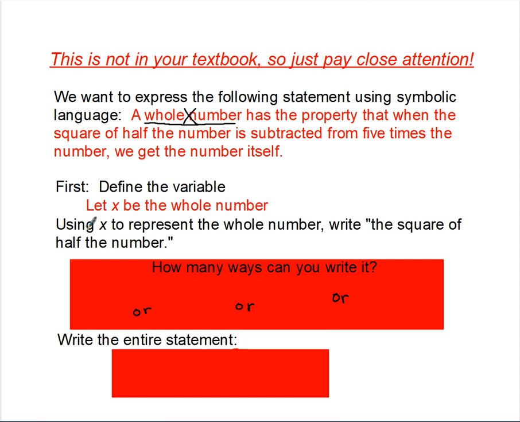So it says, using x to represent the whole number, write the square of half the number. I want you to try to write at least one, if not more than one, different way to write the square of half the number.